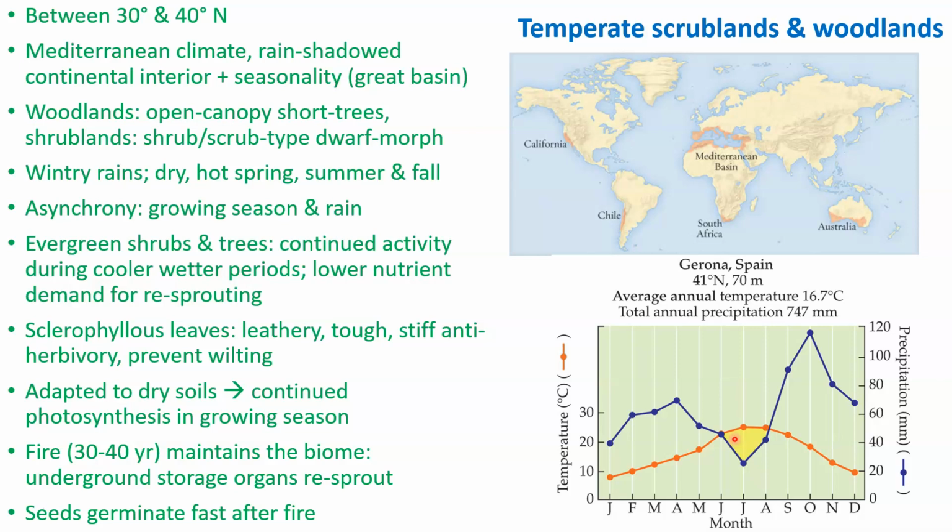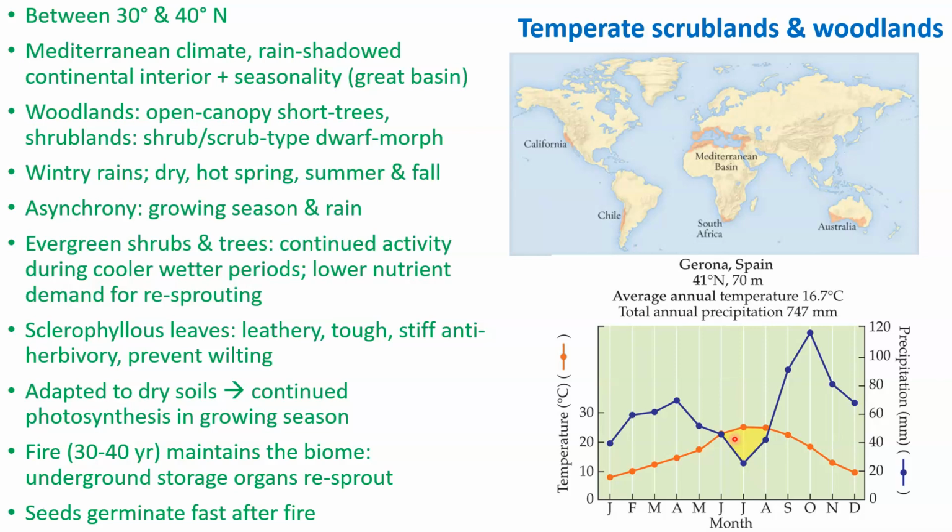The winter brings about rain, right? So they have wintry rains, meaning cold rains. And the spring is relatively hot and dry, so moisture deprived, right? And the same thing regarding summer and fall. So summer, fall, and spring tend to be warm, hot, but also dry, with less moisture.